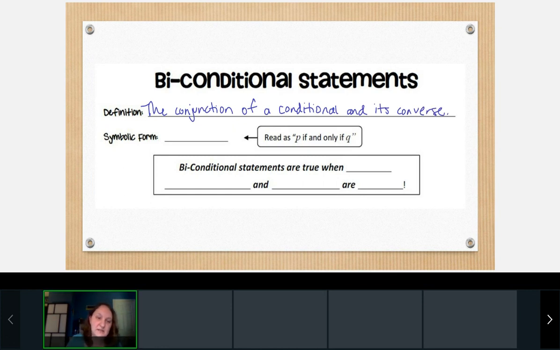In symbols, it looks like this. Double arrow. And you read it P if and only if Q. So when you see this double arrow, you're going to say if and only if. A biconditional statement is true when both, capital letters, that's important, both the conditional and the converse are true.